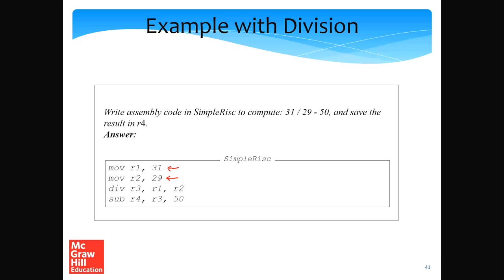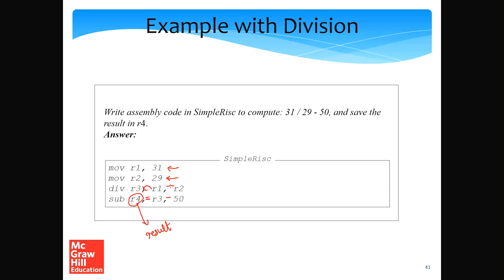Then let's divide R1 by R2 and the result will get saved in R3. And from R3 we subtract 50, so we compute R3 minus 50 and save it in R4. And R4 contains the final result as mentioned in the question.